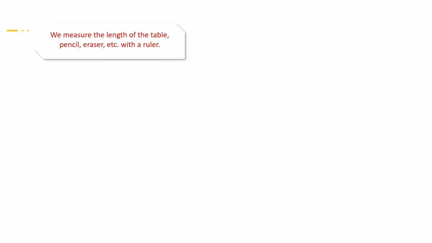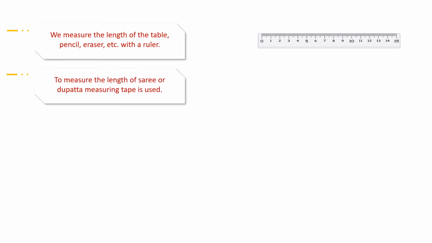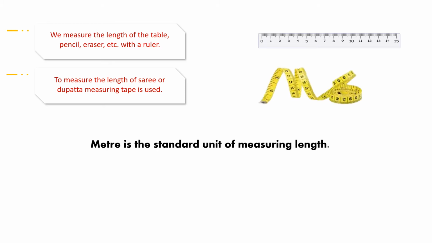Students, we measure the length of a table, pencil, eraser, etc. with a ruler. To measure the length of a sari or dupatta, a measuring tape is used. Meter is the standard unit of measuring length. 100 centimeter is equal to 1 meter. 2 meters is equal to 200 centimeter.